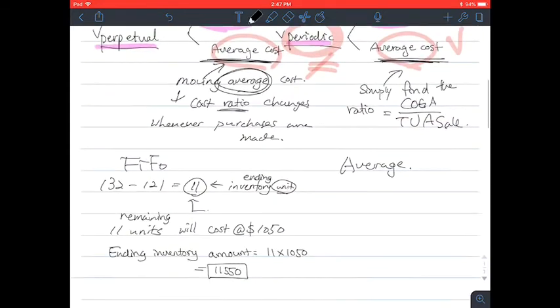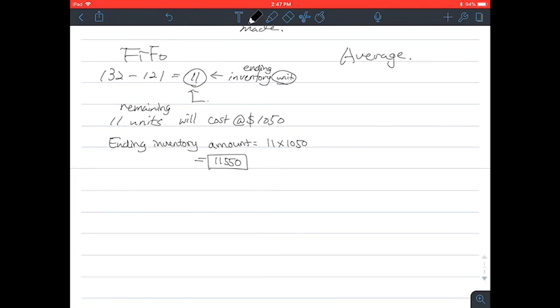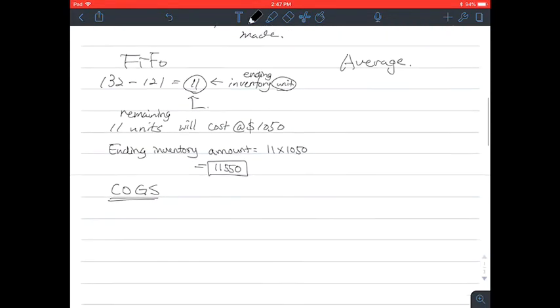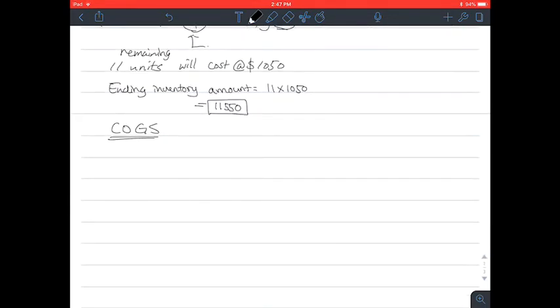All right, then let's find COGS. How do we calculate COGS? We know that COGA minus the ending inventory is COGS.